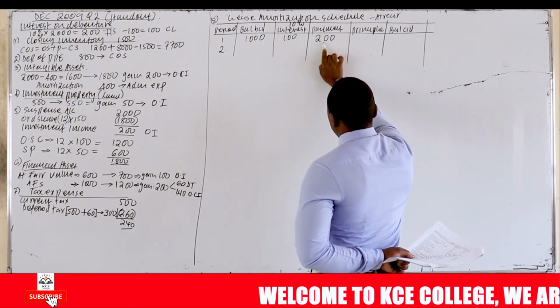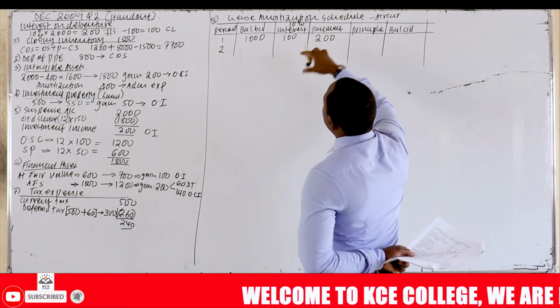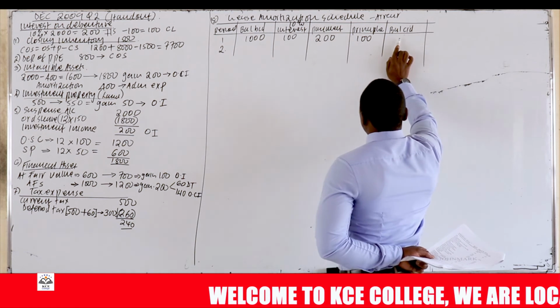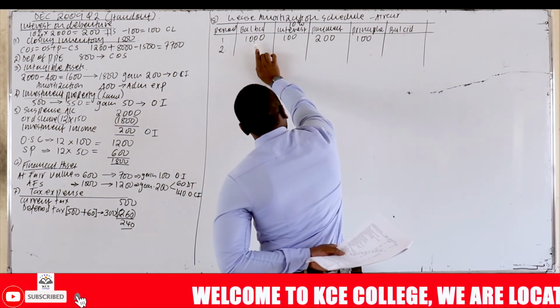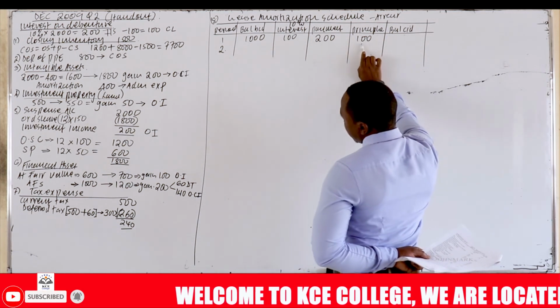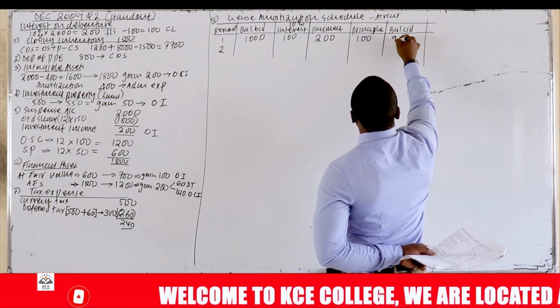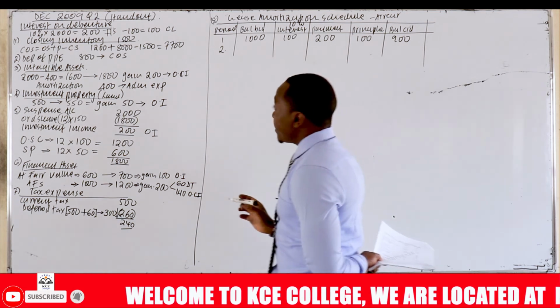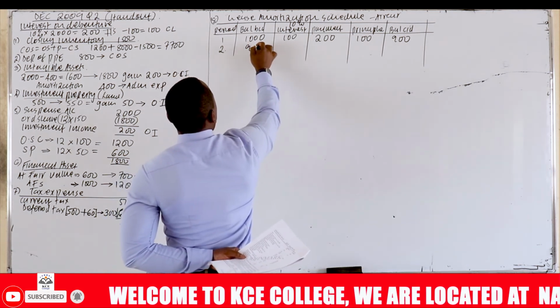You take 200 minus the interest, and the principal is 100. To get the balance carried down, you take the balance brought down minus the principal, and you get 900.